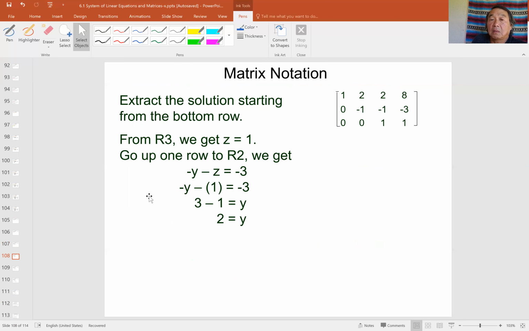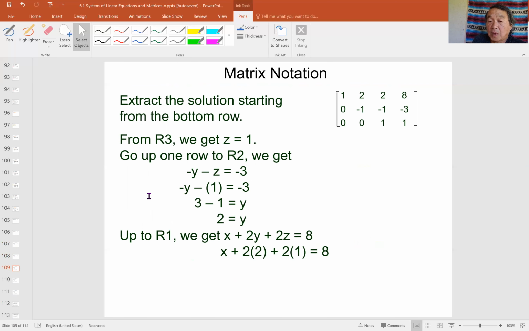Putting z and y into the first row, the numbers 1 and 2, I take out the x. This is how we systematically use matrix row manipulation to get to an answer. This is the matrix method.